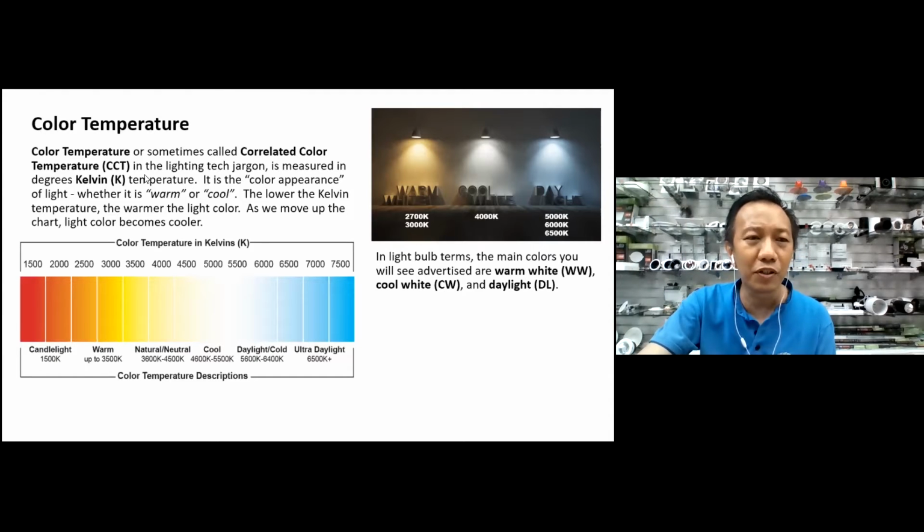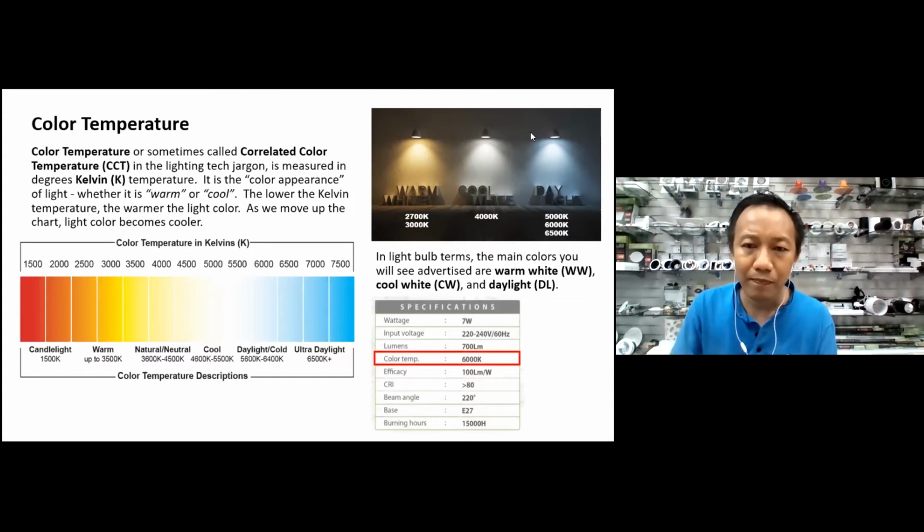Ganyan. So yun yung ibig sabihin niya. Or 3K na downlights. That's 3,000 Kelvin. So makikita niyo yan sa mga specification, sa mga minsan nasa packaging or minsan mismo dun sa bulb, or even yung sa mga lighting fixtures. So makikita nyo din yung color temp.